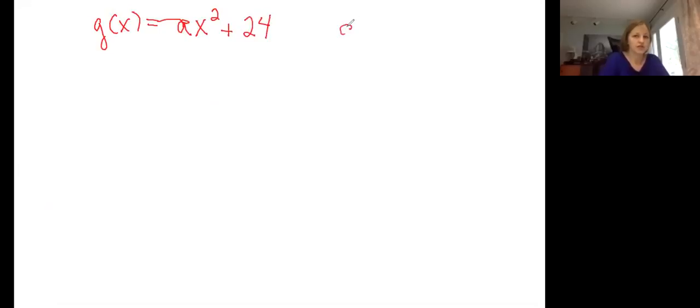And what they tell us is g of 4 equals 8. So what's inside my parentheses is my x. This is my y, or my g of x. Same thing. So again, we're thinking about substitution. So g of x is my y value, 8. So where I see g of x, I plug in 8.